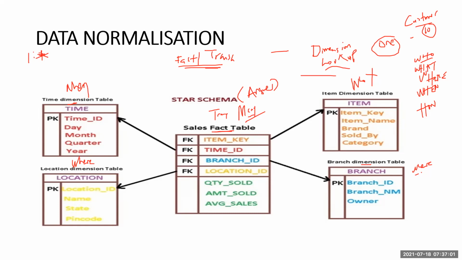You may have different branches, so which branch are they going to the most? When do they buy? Do they buy in the morning or the afternoon, or on which particular day of the week do they buy more? As an analyst, you are trying to ask certain questions. If your sales are going down, there are certain questions you need to ask. Why are my sales going down? But to answer that question, you need data.